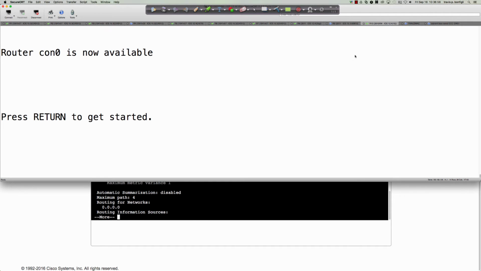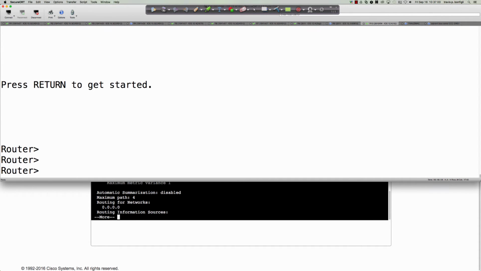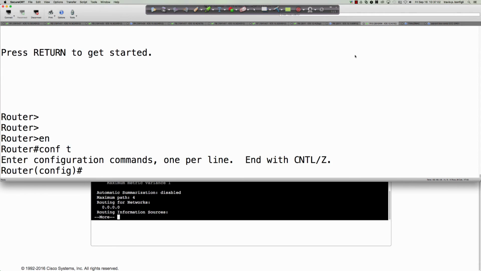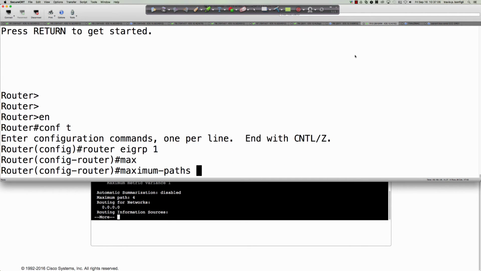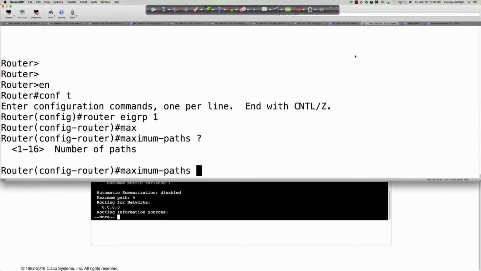Here's a 2610, a much older router. Let's go into global config and say router EIGRP 1, and if I were to say max paths on this platform, take a look. So the older platforms, there is a difference. In fact, newer platforms, it could scale, who knows, on the Nexus platform or on the ASR. You may, who knows, I don't know. I would have to take a look.